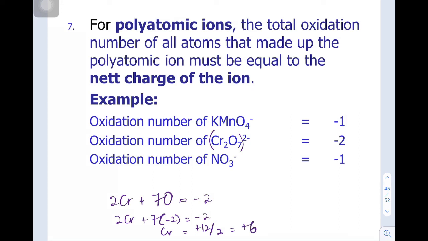This is for the chromium. Another example given here is nitrate, NO3 minus, where the -1 is the charge of the whole polyatomic ion. So the oxidation number of nitrogen plus the oxidation number of 3 oxygen equals -1, which is the charge of the nitrate ion.